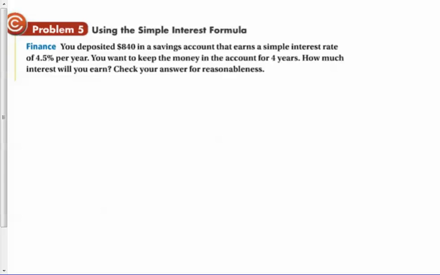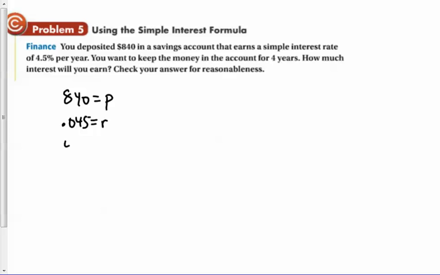So if we look at this, you deposited $840 in a savings account. $840, that is my P. That earns a simple interest rate of 4.5% a year. My rate is going to be 0.045. And then it says you want to keep the money in the account for 4 years. How much interest will you earn?